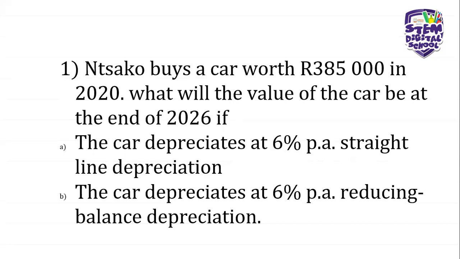So if we look at this statement, when Ntsako buys the car, the initial value of the car, of course, is 385,000 rands in the beginning of 2020. And we need to now focus on the straight line depreciation just to be able to tell what will be the value of the car after a period of 6 years.